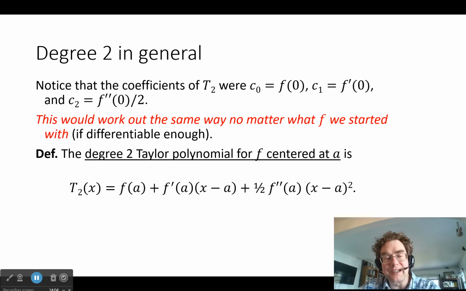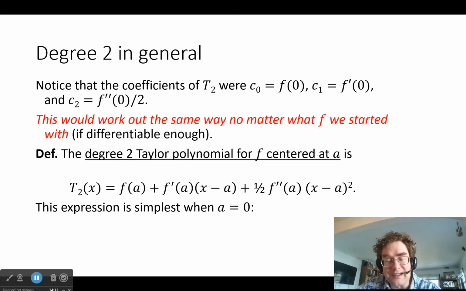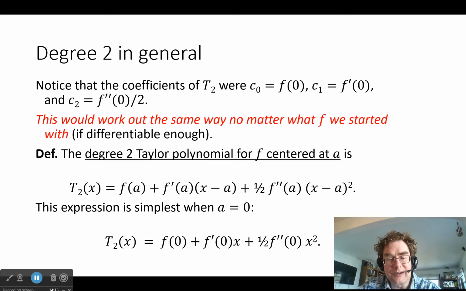I think one of the morals here is that if you want to keep this Taylor polynomial stuff as simple as possible, centering at 0 is going to be helpful, because when we do center at 0, we get something that looks a lot more like the example we just did. We got x and x squared, no minus a's in there like you have in the general form. And again, those x minus a's are essential to getting our process to work out just as nicely when we are centered elsewhere besides 0.